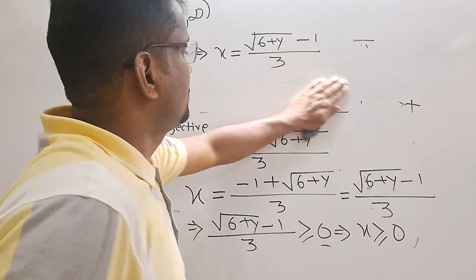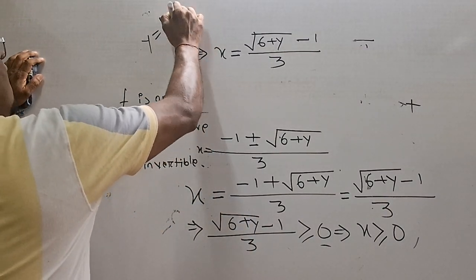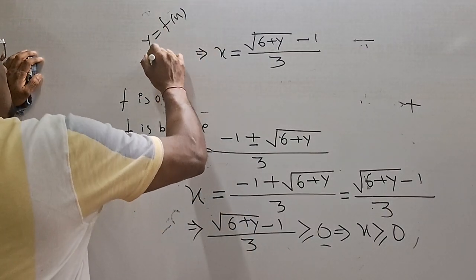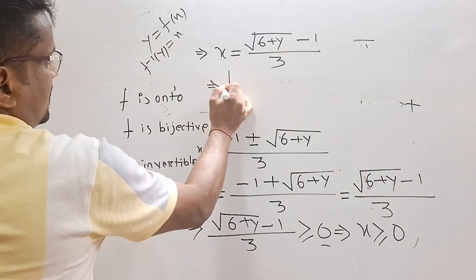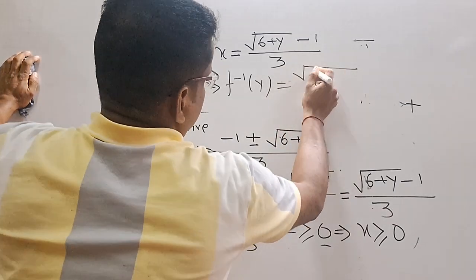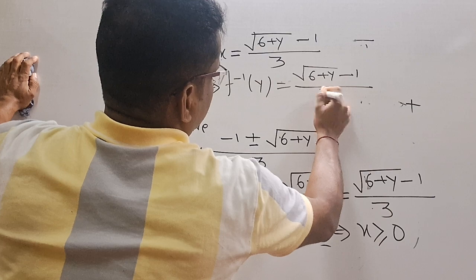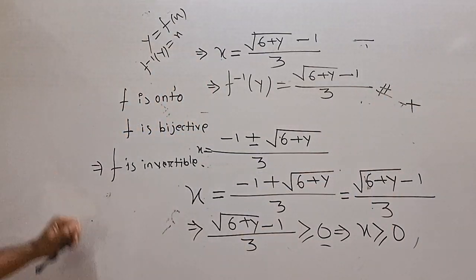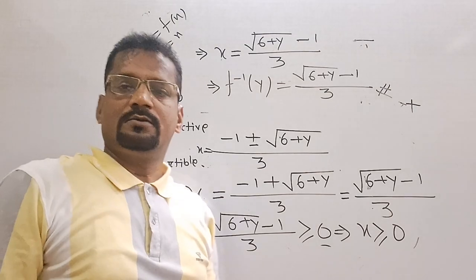Now what is f inverse? As you know, y equals f(x), so f inverse of y is equal to x. So in place of x just write f inverse of y equals the square root of 6 plus y, minus 1, divided by 3. This is the inverse of the function you proved. I hope it's clear to you. Thank you.